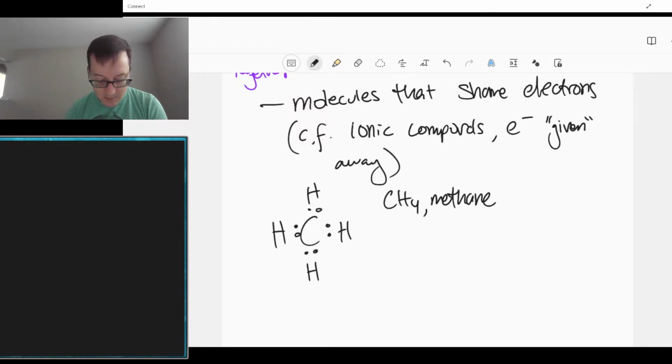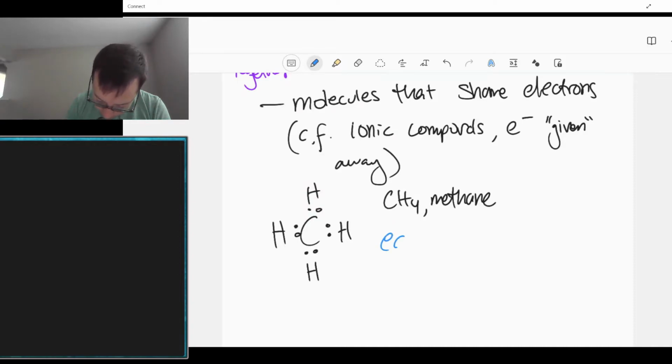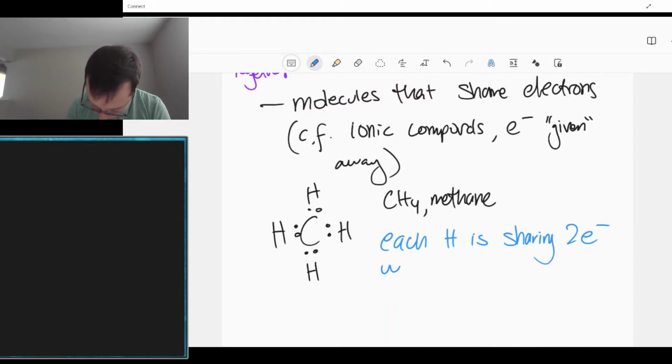And as a result of the sharing, I'll write that out. So each hydrogen is sharing 2 electrons with carbon.